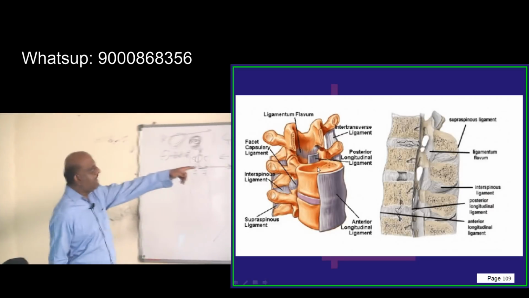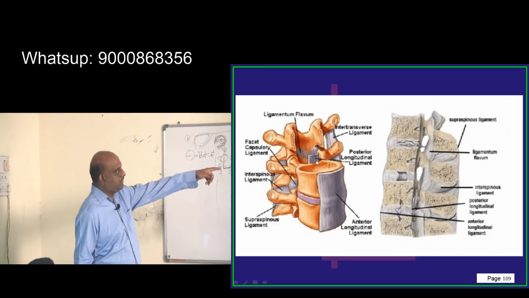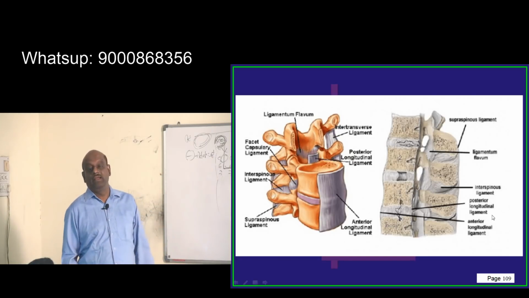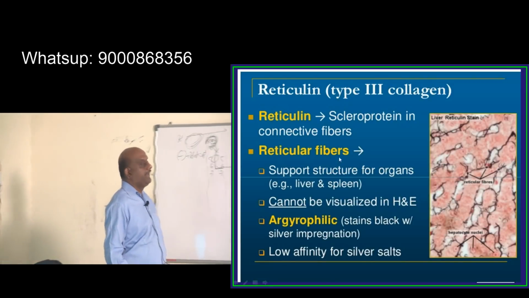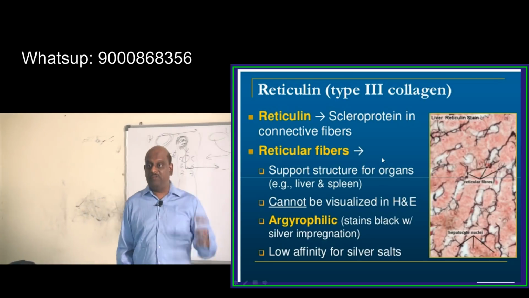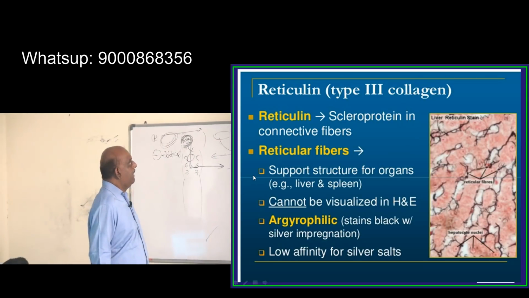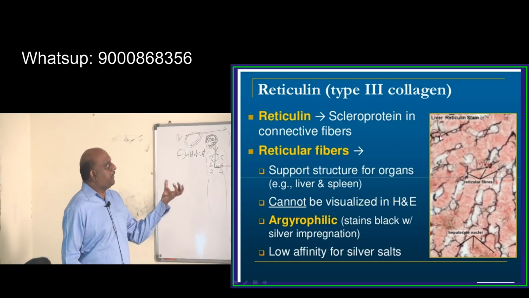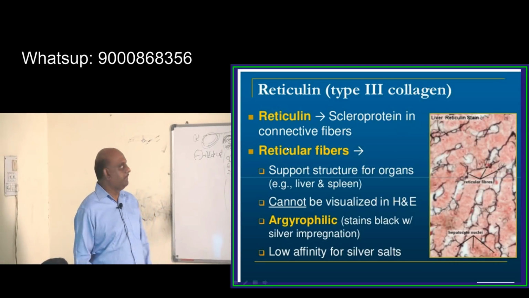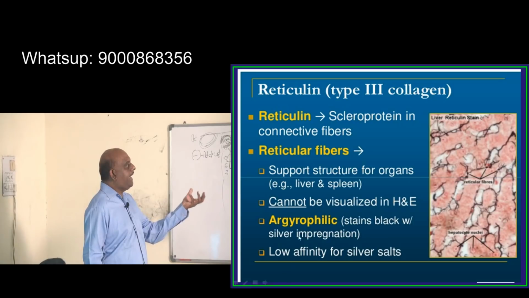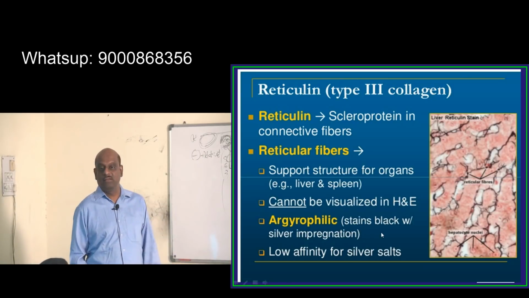So this is the typical way by which the ligamentum flavum is the one which you can see in the vertebrae is what you should appreciate. Whereas reticulin was one of the options. It has got type 3 collagen. Reticulin is that scleroprotein in the connective tissue fibers, and you use an argyrophilic stain.